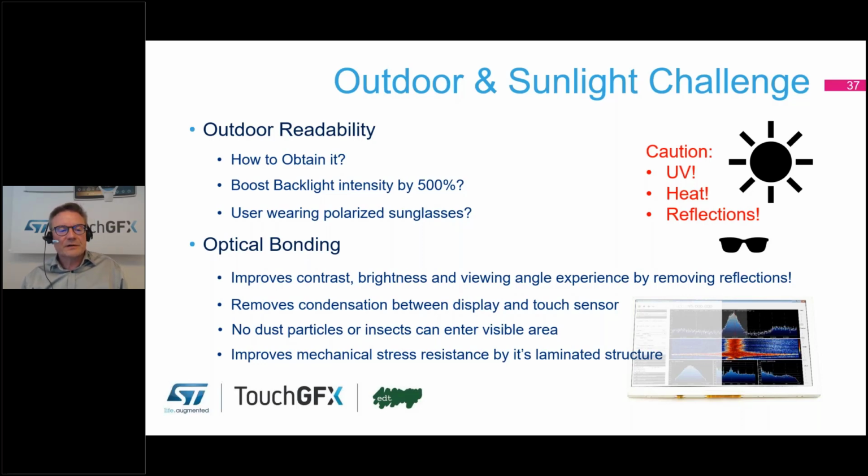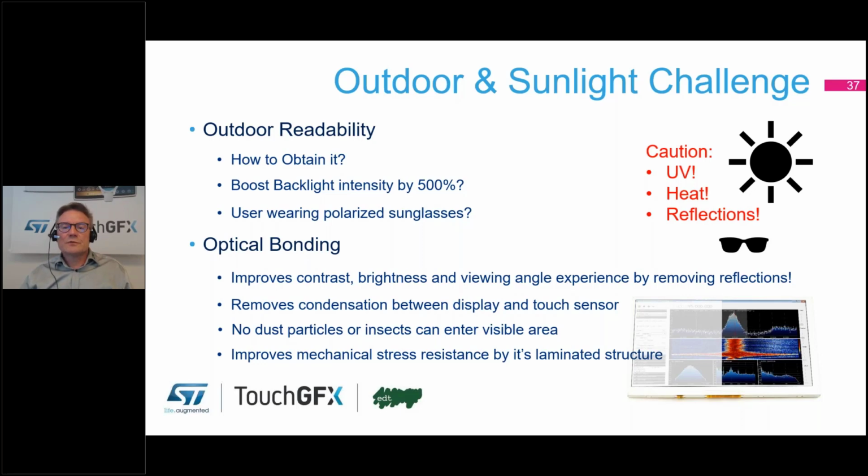However, the paint on your cover glass may not resist UV light very well, and so you will want to use, for example, a ceramic printed glass to have a strong solution out there. Then we have heat, and we have a lot of reflections. And that is the next topic here. You can obviously boost the backlight intensity 500 times, or whatever, or 5 times.